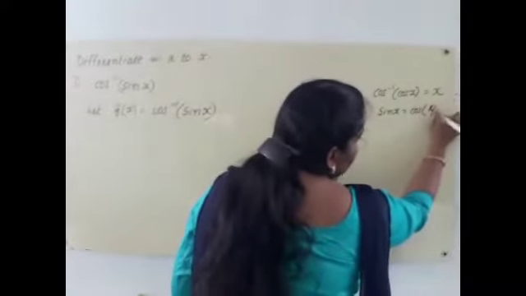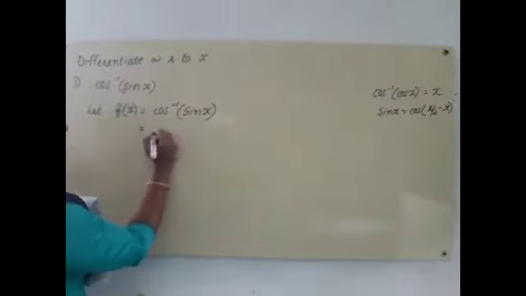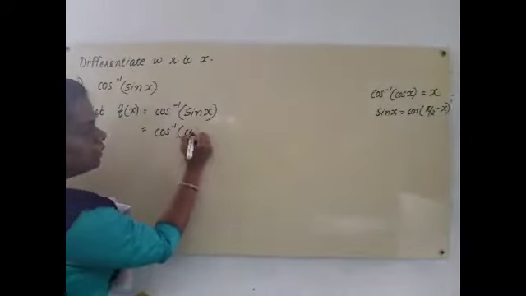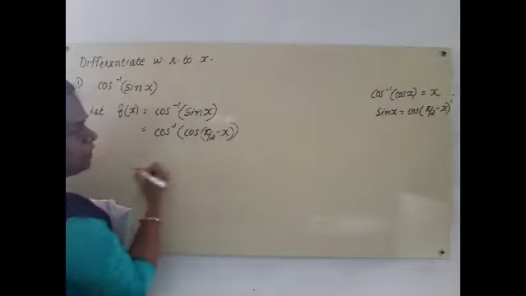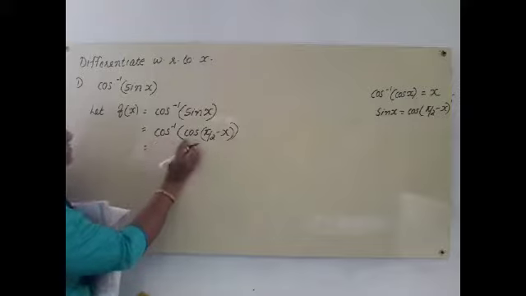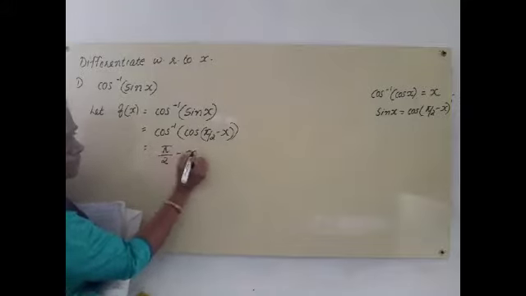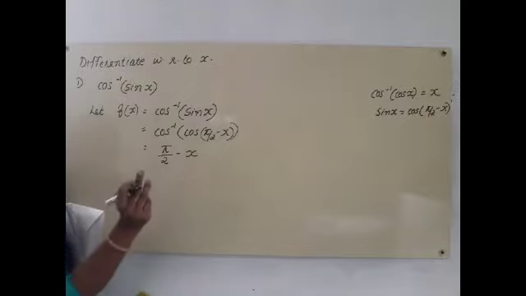So cos of (pi by 2 minus x) is sin x. So we can write cos inverse of sin x as cos inverse of cos (pi by 2 minus x), which is pi by 2 minus x. Then we have f of x equal to pi by 2 minus x.